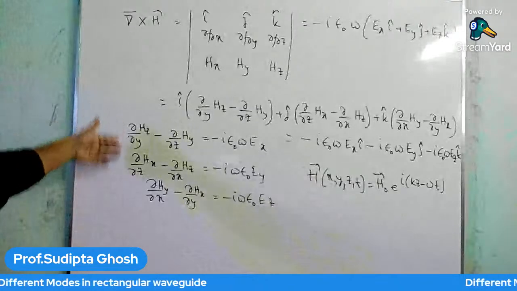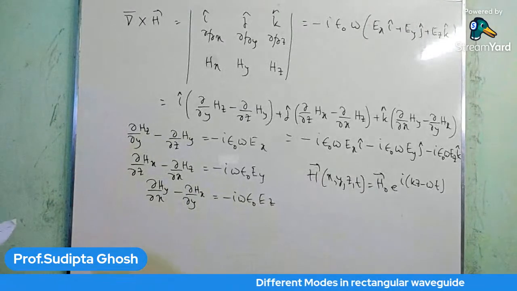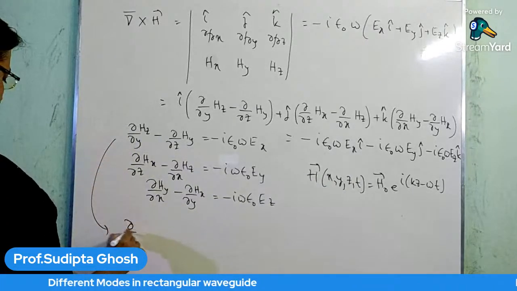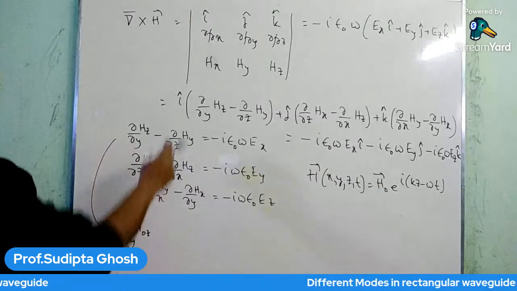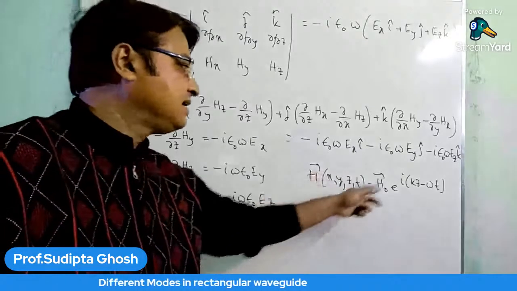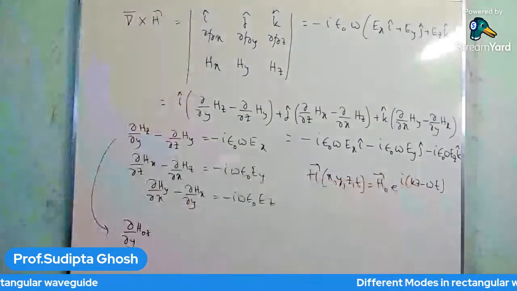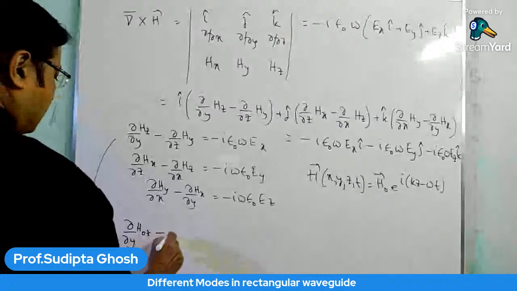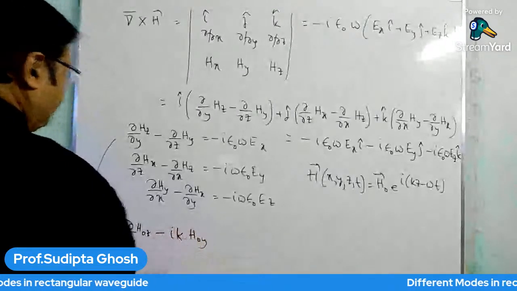we can't find the value of del y from the right hand side, so this equation can be written as del y of H0z, and then del z of Hy. Now we have the value of del z, and it will be ik, so we have minus ik H0y.